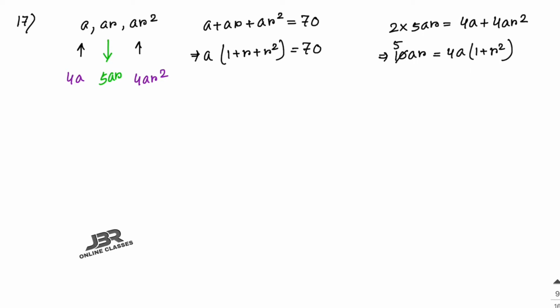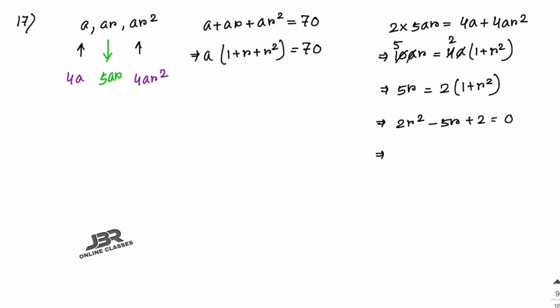Here a cancels out, and it's 5 and 2. So that means 5r equals 2 into 1 plus r square. So now write 2r square minus 5r plus 2 equals 0.